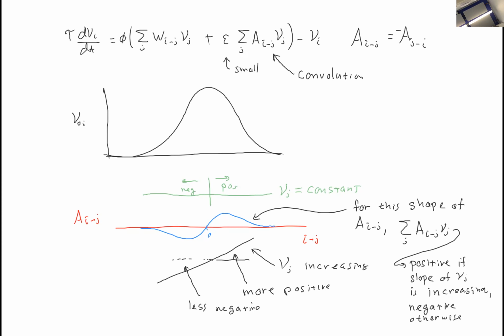Okay, so this is the key observation, which we can just get from this intuition. And what that means is, for negative slope, it's negative. So what happens is over here, these neurons are pulled down and this is pulled up. Okay, and that corresponds to drift to the left.